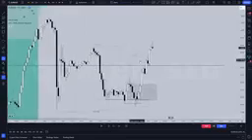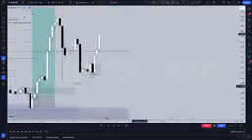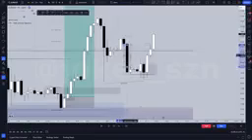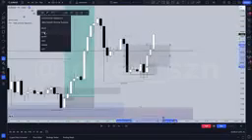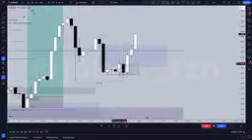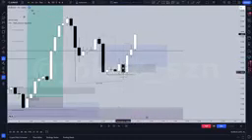So we have London session closing here. If you go on the H1, we can see that we have this sell side fair value gap here. So we have a fair value gap which we closed above, so we have an inversion level here, right? And we also have an order block right here, which is this down close candle here, right?